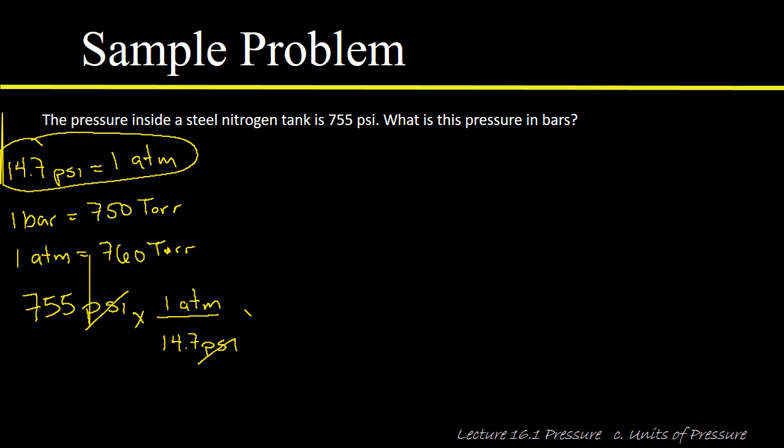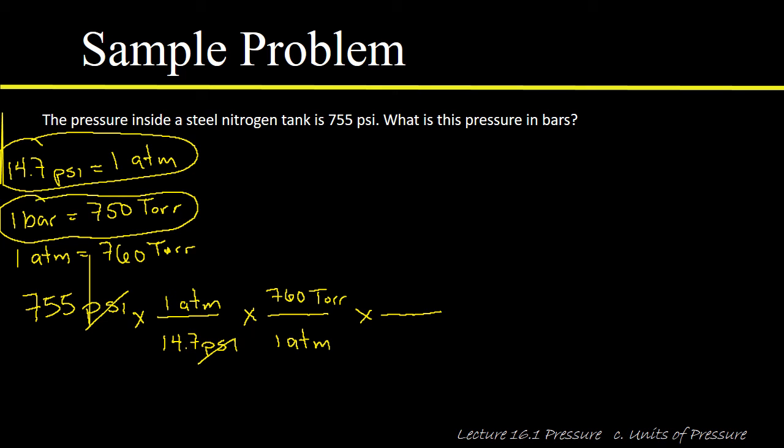And if we want to go the next step, we want to convert atmospheres into torr. So we recall 1 atmosphere, that goes on the bottom because we want it to cancel. 1 atmosphere is equal to 760 torr. Okay. And then our last step, we want to convert torr to bars. For that, we'll use this conversion factor here.